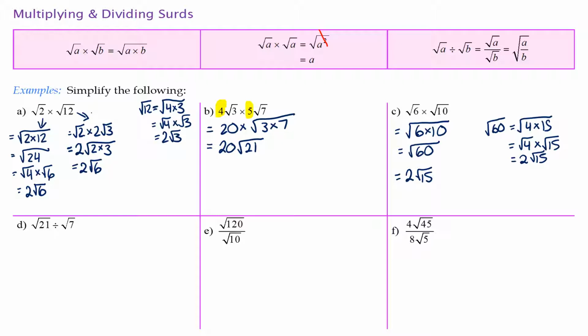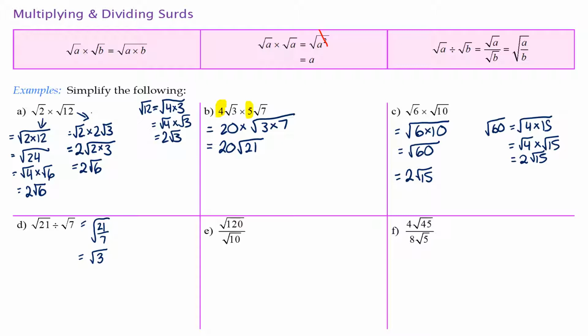Next one, square root of 21 divided by the square root of 7. Now I know 7 goes into 21, so my best bet to do this one is to write it as a square root of 21 over 7, and 7 into 21 is 3. Square root of 120 over the square root of 10.